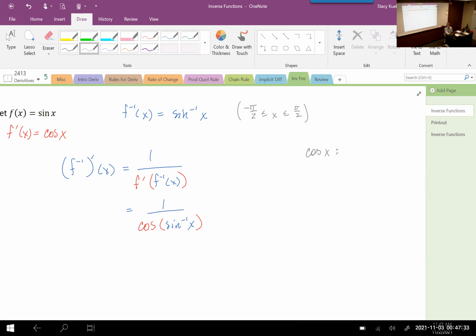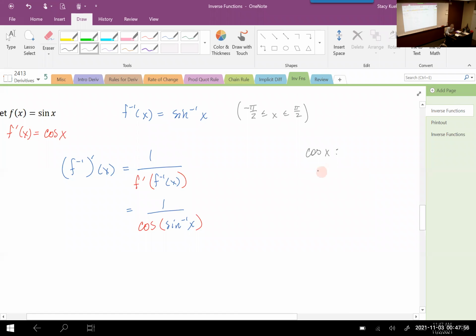Using what identity? Pythagorean, well, yes. I'm going to use the Pythagorean identity. You could use tangent, but let's use the Pythagorean identity because we like it.